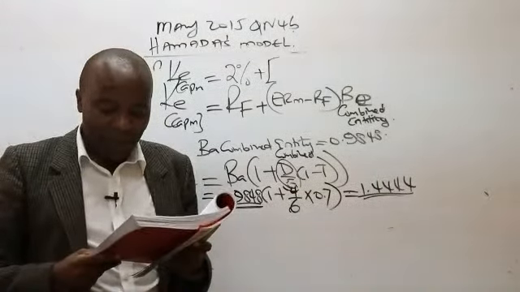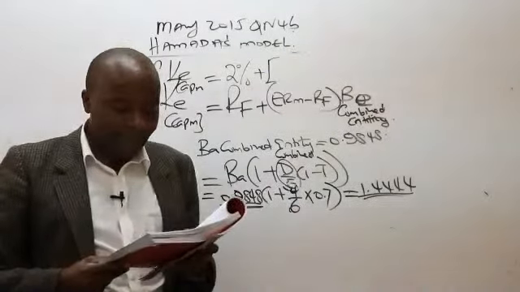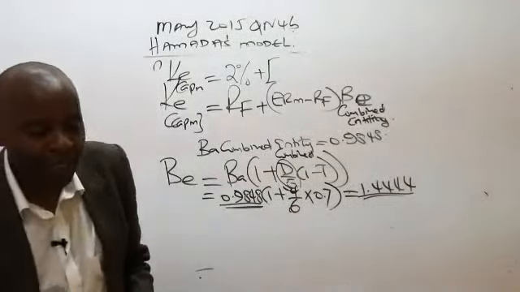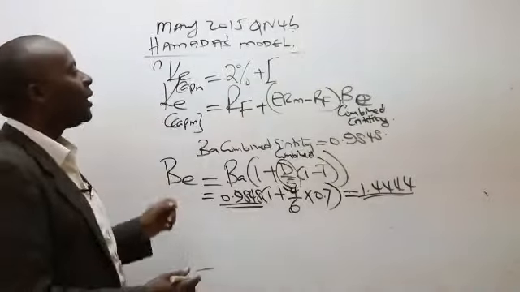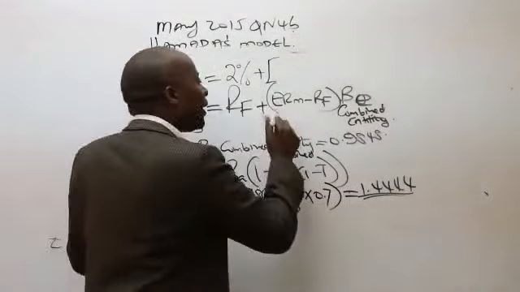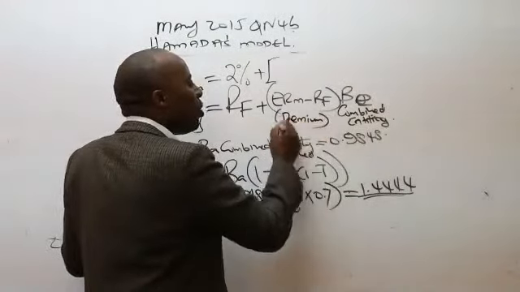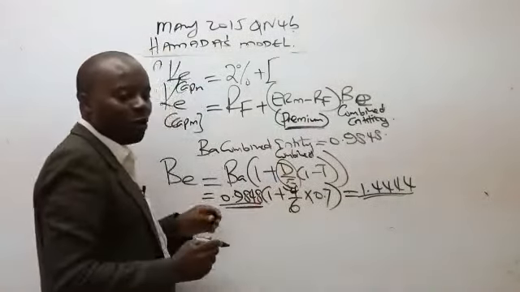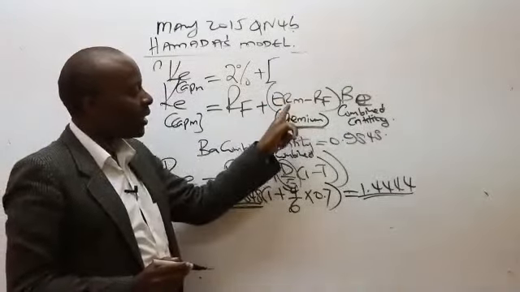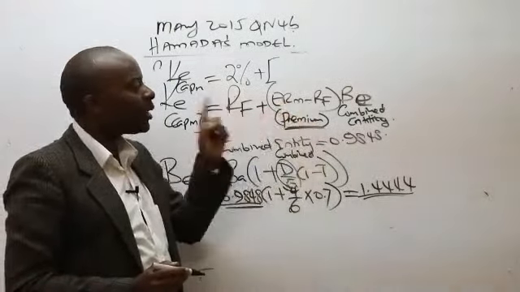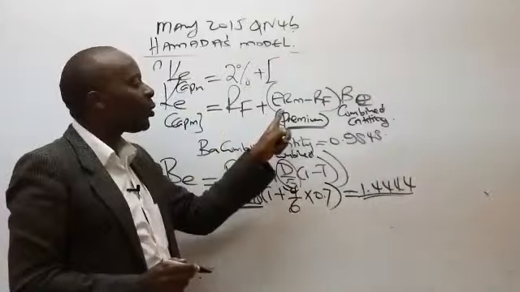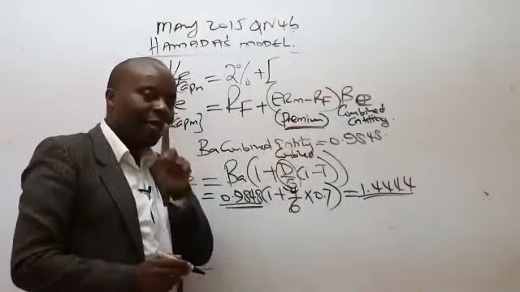The current risk-free rate is 2%, and the market risk premium is 7%. So, ladies and gentlemen, whenever you hear the word premium, please know that already they have subtracted for you. Premium is this minus that. You should never try looking for market return alone.